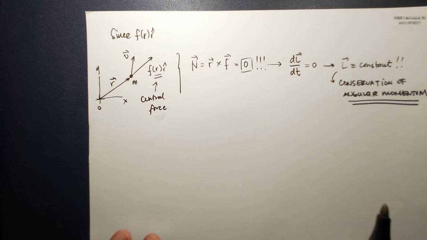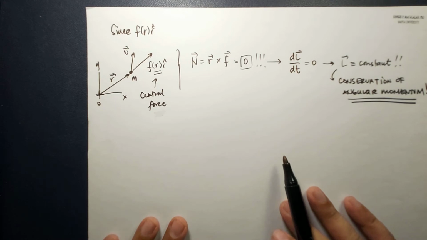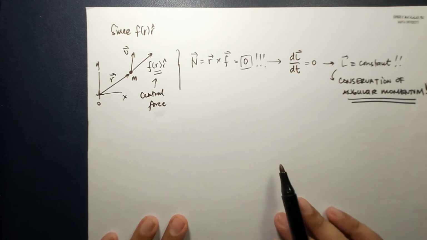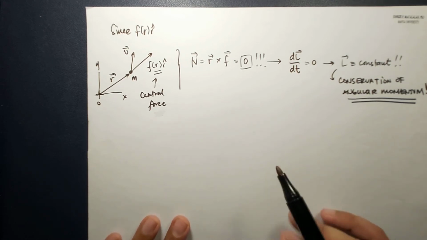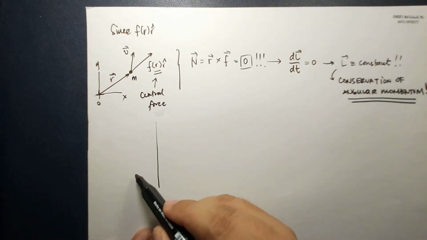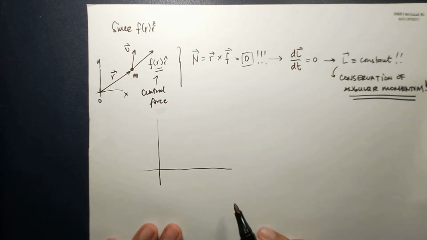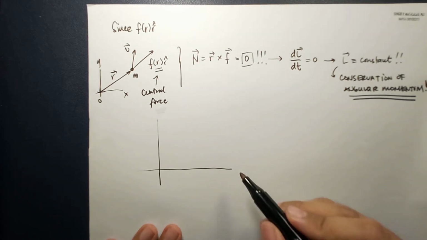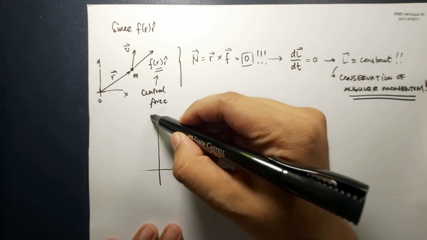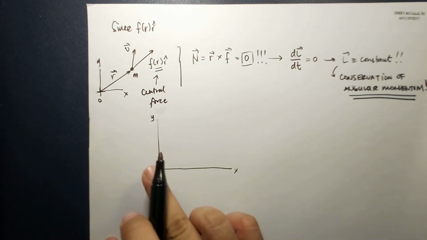Now, in general, the motion of a particle in a central force field is really a two-dimensional problem. Okay? So, for example, we're going to constrain our particle to move in this two-dimensional coordinate system, let's say x and y.